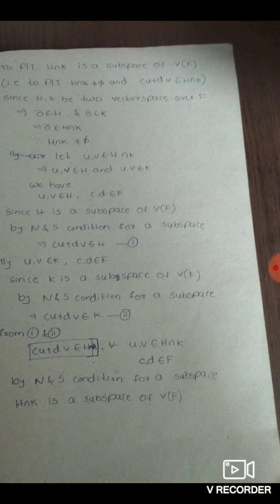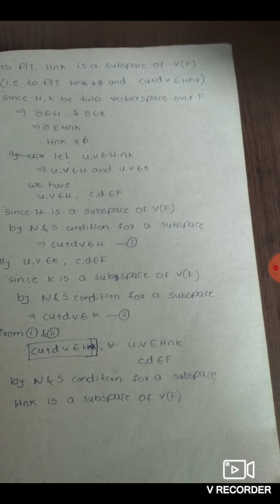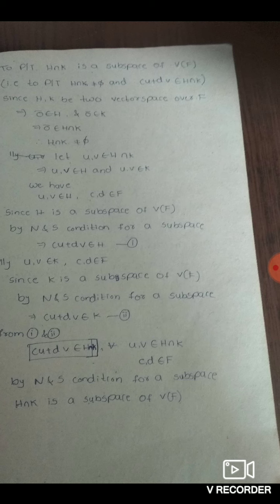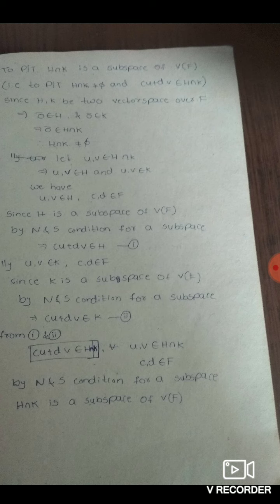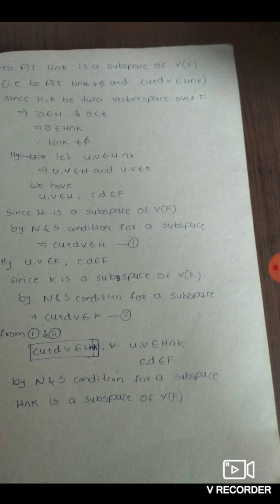Let U, V belong to H intersection K. Then U, V belong to H and U, V belong to K. Since H is a subspace, the necessary and sufficient condition is Cu plus dV belongs to H. Similarly, since K is a subspace of V(F), by the necessary and sufficient condition for a subspace, Cu plus dV belongs to K. These are equation 1 and equation 2.